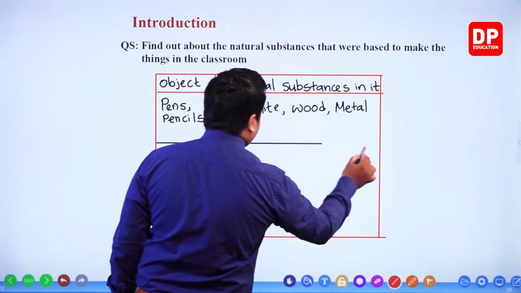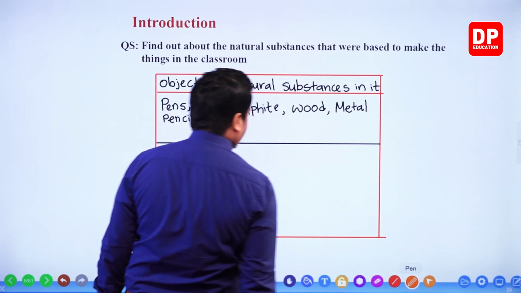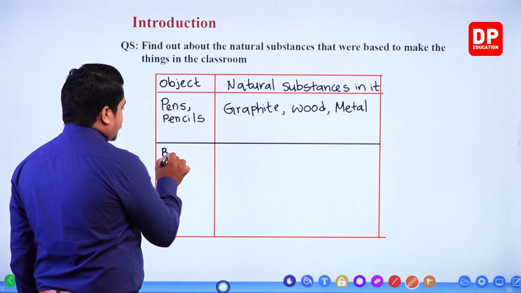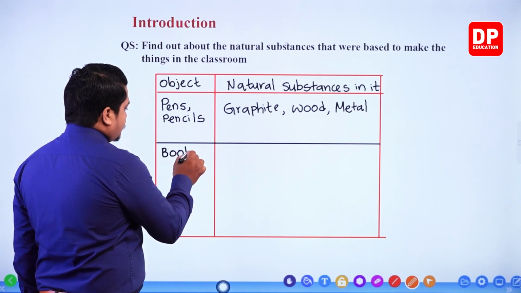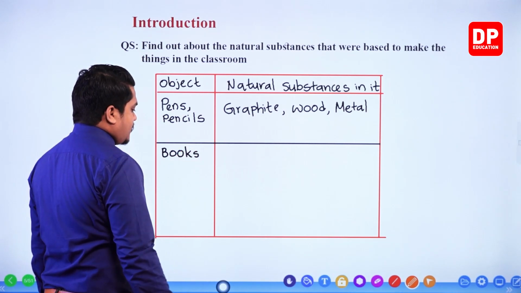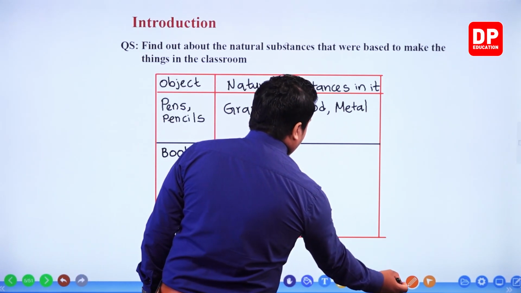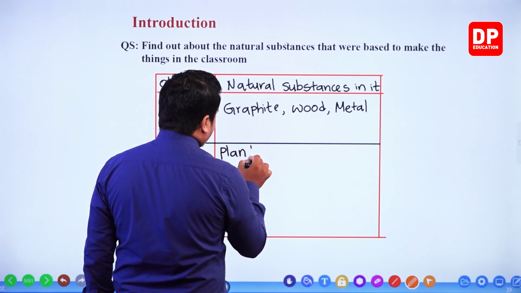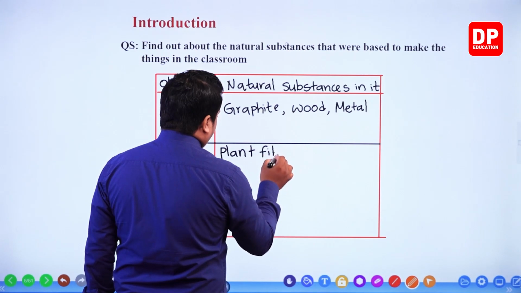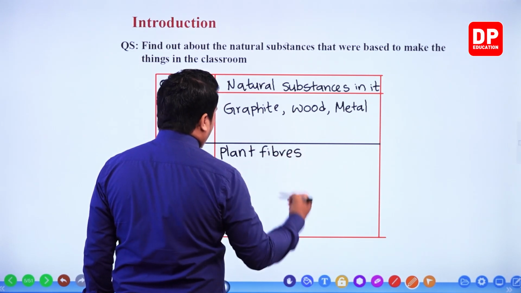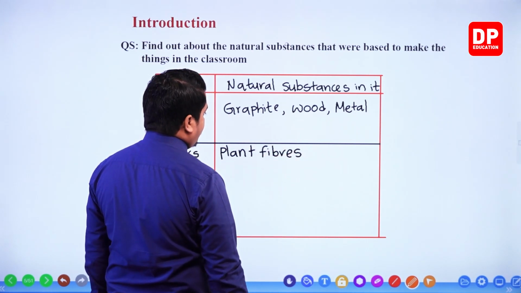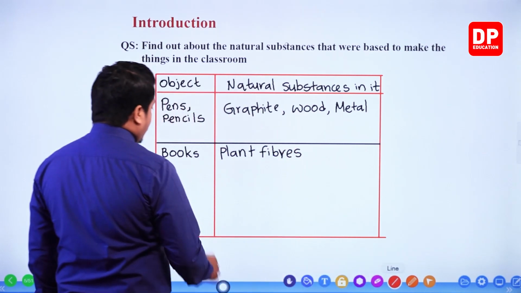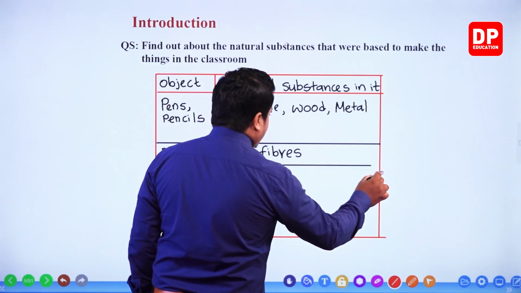Then books. So in making books we use plant fibers. Plant fibers, right? In paper, the plant fibers are the ones which are utilized in making books.